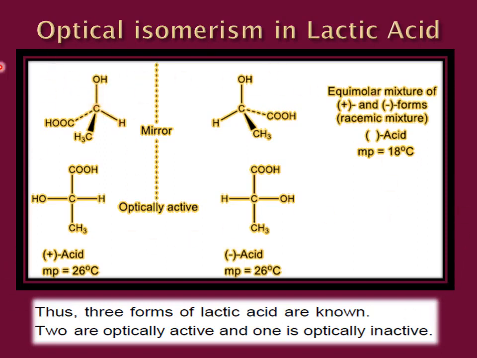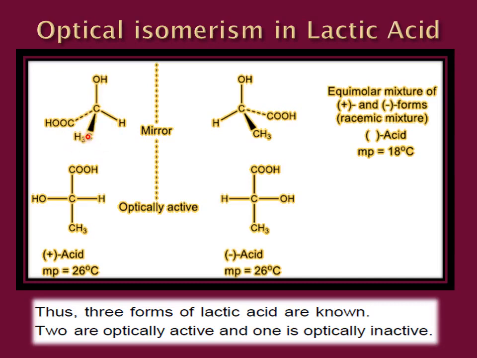The dotted lines or sometimes the dotted wedge show that this group of atoms is behind the plane, and the solid wedge always represents that this group, CH3, is above this plane, outwards towards you. So this carboxyl group is behind the plane, this is towards you outside of the plane, and OH and H are on the plane that you are observing.